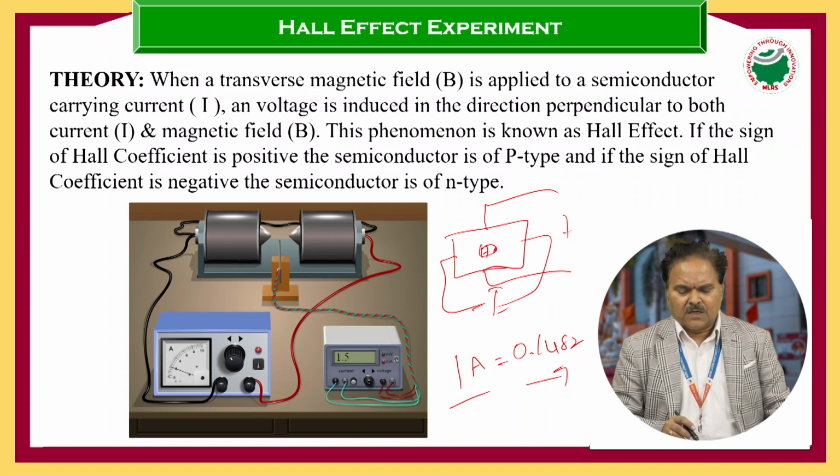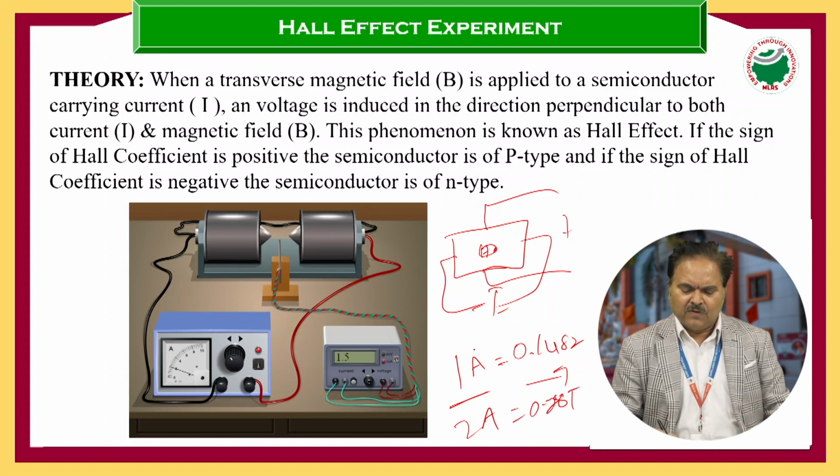Then we replace the probe, and we are not changing any position of these electromagnets. So whatever current we send, we assume the same magnetic field is induced, because we are not changing the direction or position of the electromagnets. So for 1 amp current it is this value, and for 2 amp current it may be 0.28 Tesla or so. Like that it will vary.